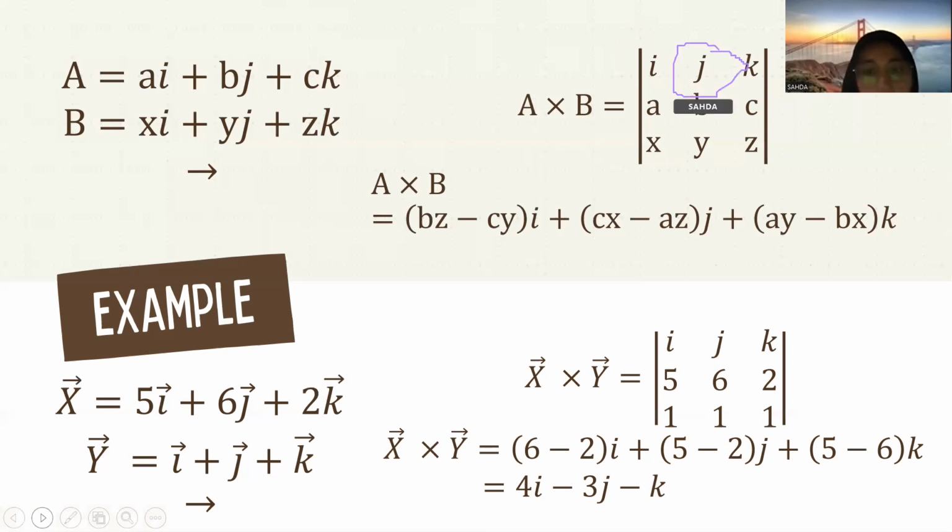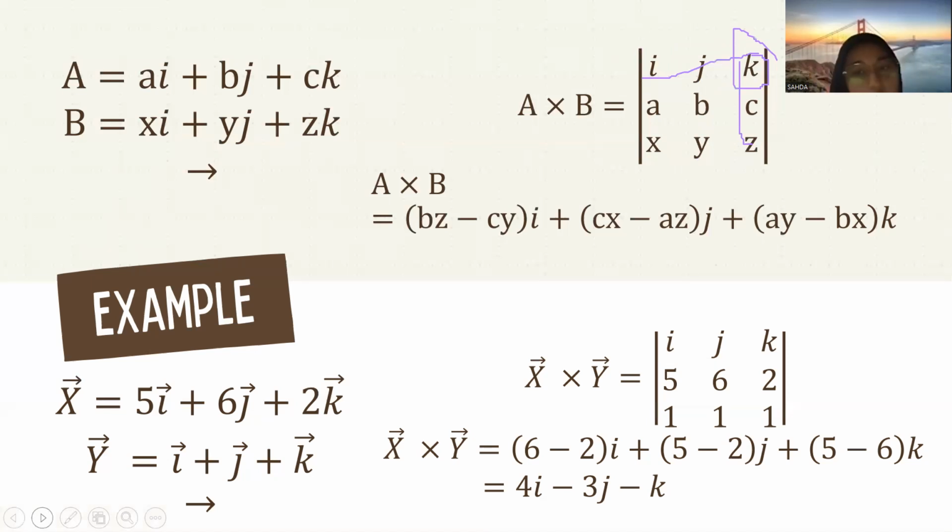You're going to cross out the column and row containing the J hat like this, and you have A times Z and C times X. And this will be C times X minus A times Z. This is for J hat. And the last is for K hat. You're going to cross out the column and the row, and you have A times Y minus B times X.